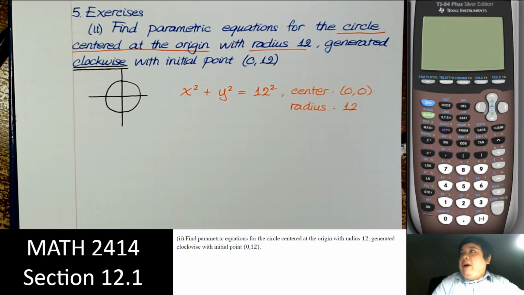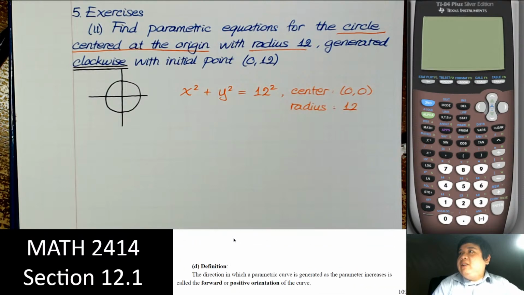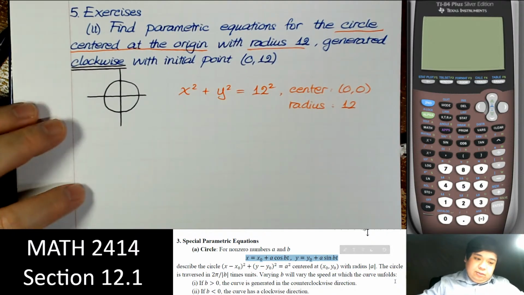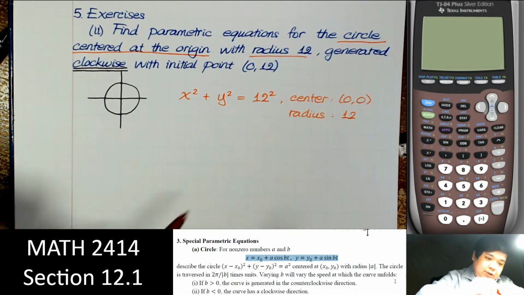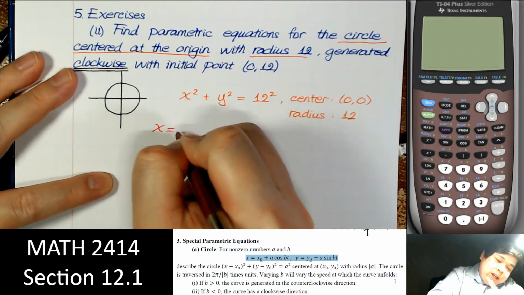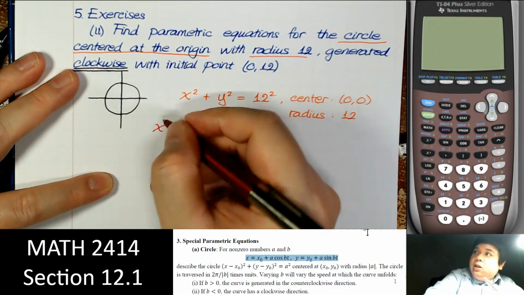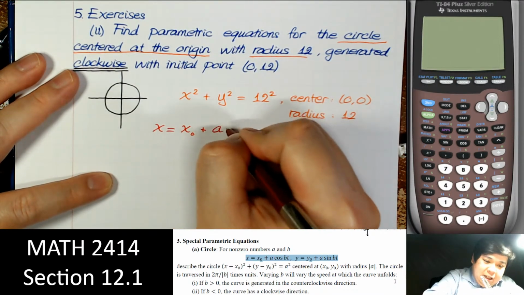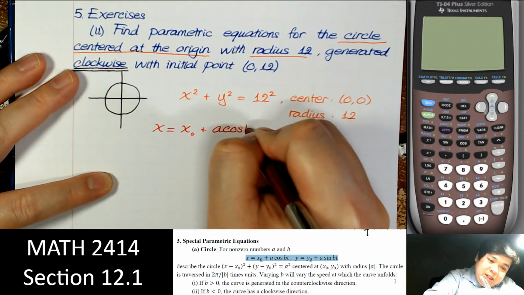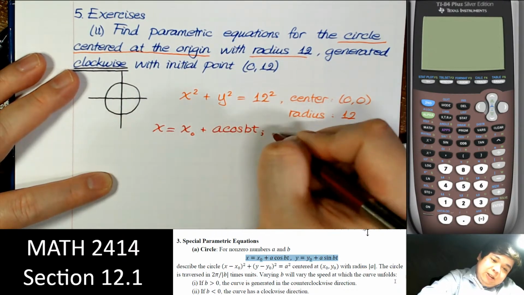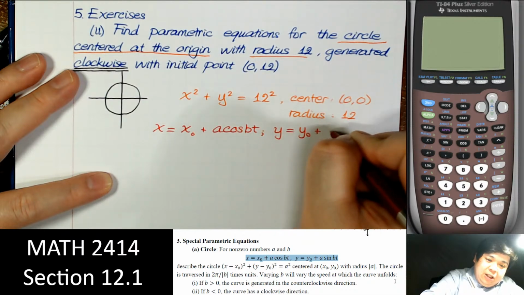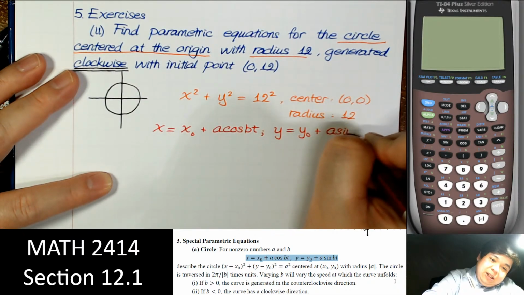Let's go back to the formula. What do we have? x equal to x naught plus a cosine bt, y equal y naught plus a sine bt.